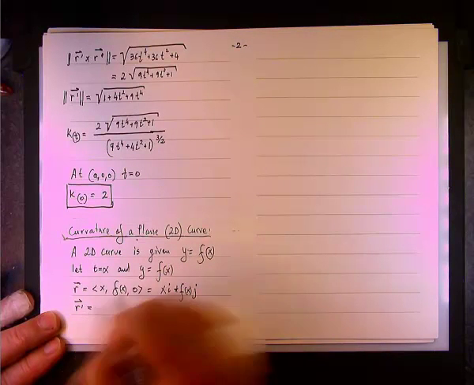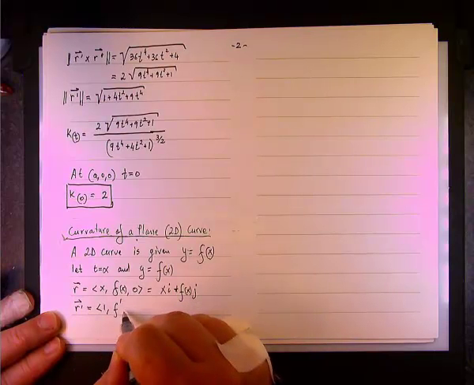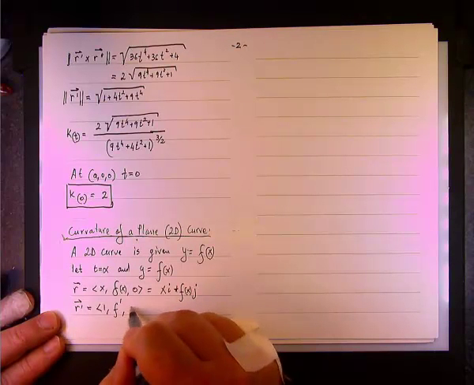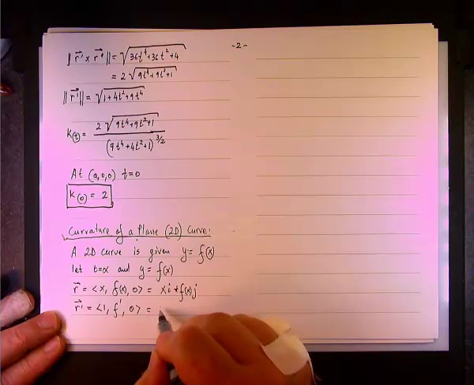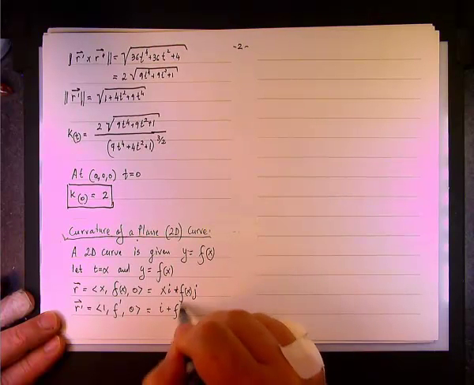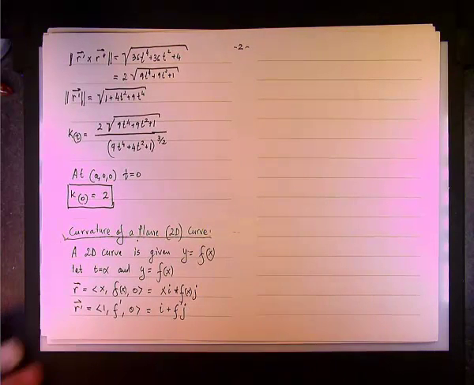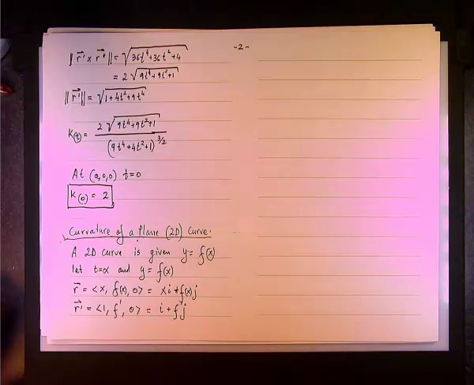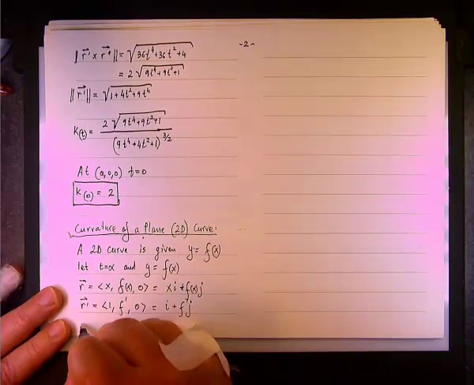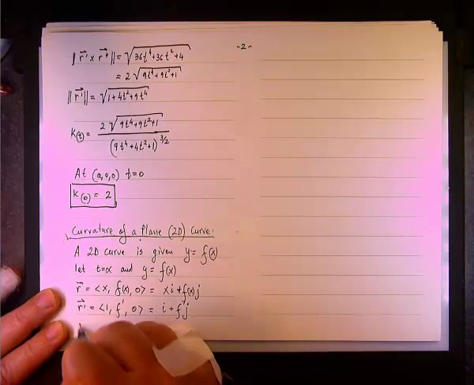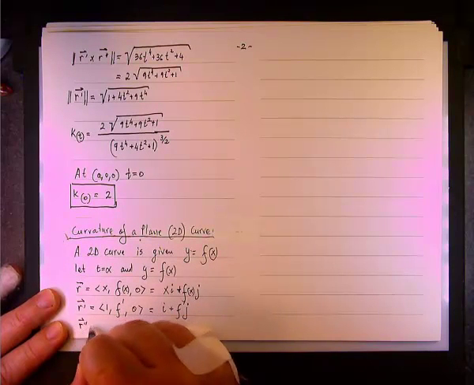So what is r prime? Well, take the derivative. r prime will be 1, f prime, 0, or we can write it as i plus f prime j. And we need r double prime.